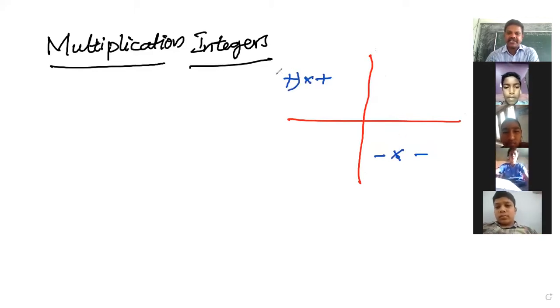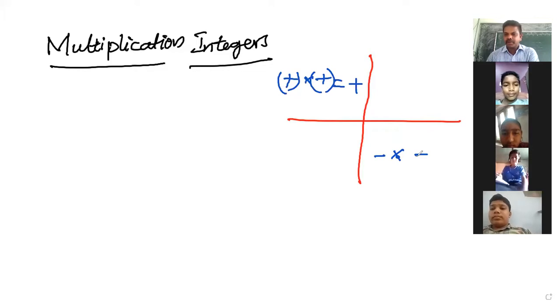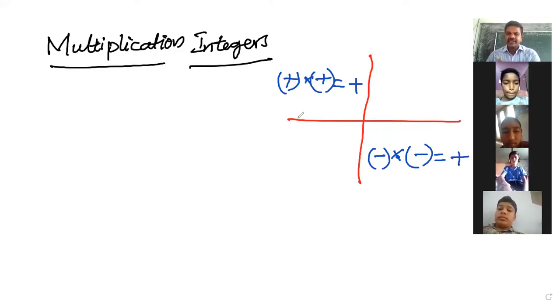So when we multiply positive and positive, we get a positive integer as a product. And when we multiply a negative and negative, we get a positive product. So keep this point in our mind. When we multiply positive and positive, we get positive, and when we multiply negative and negative, we get positive.